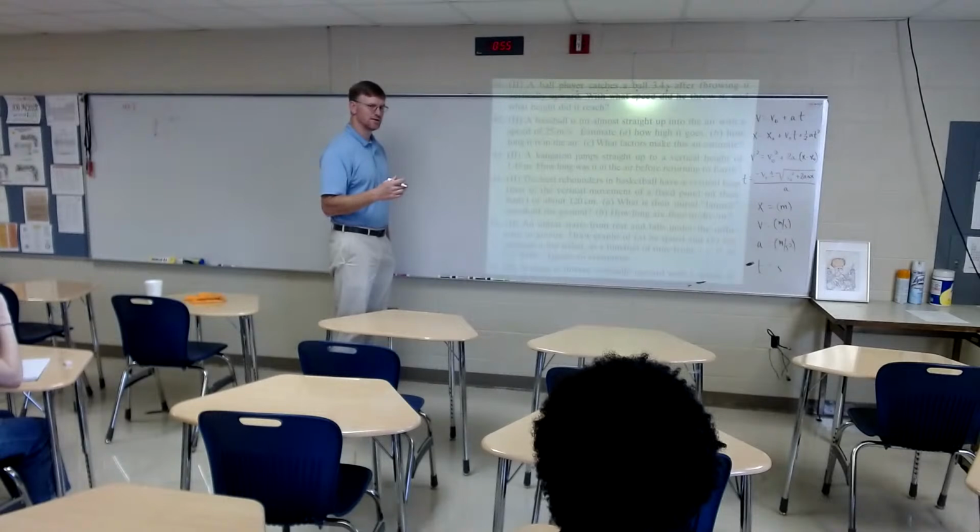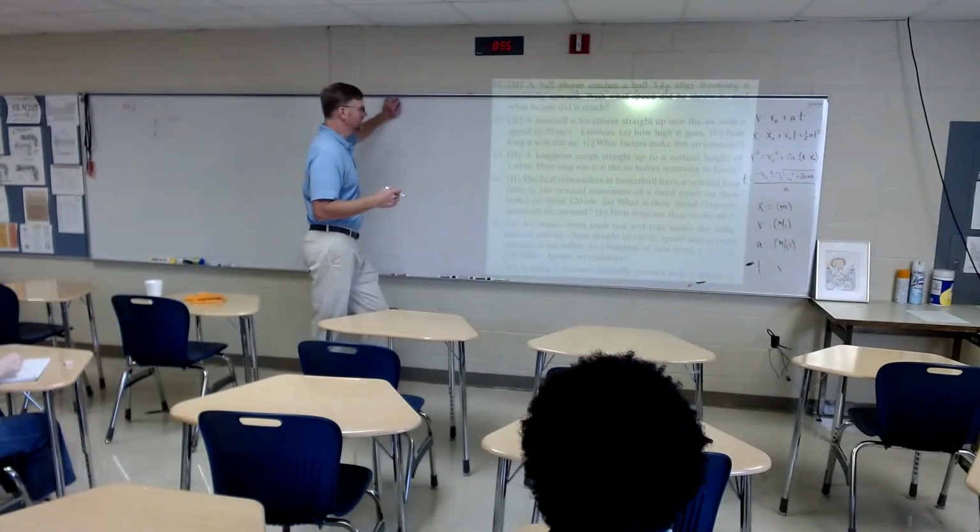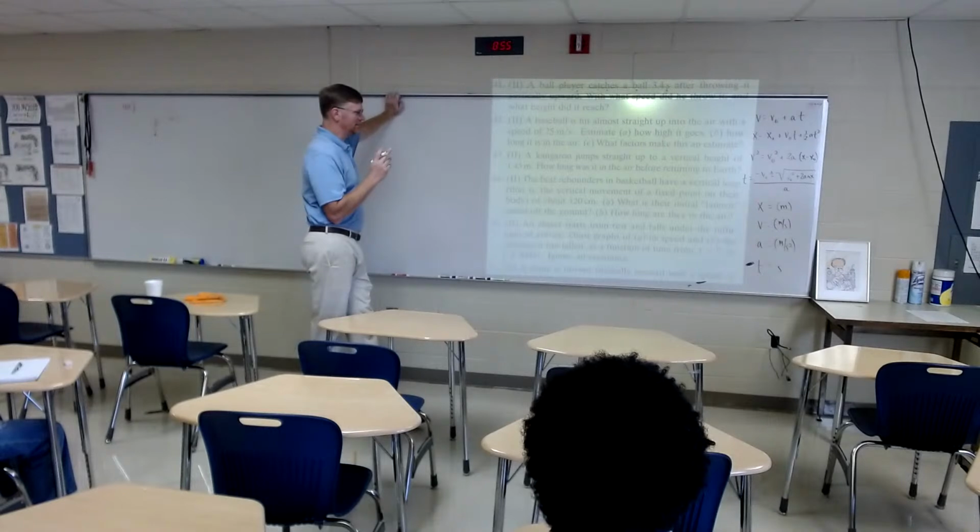But then how long it's in the air falling in? Well, yeah. Okay. I was thinking how long it took it just to get to that maximum height. But we're going to come back to the ground.